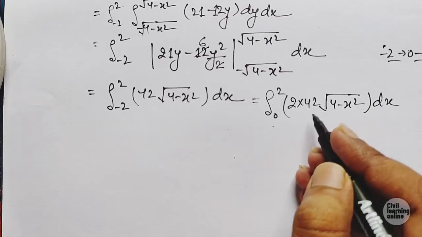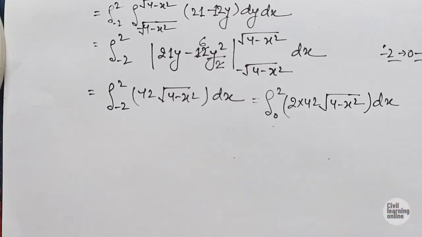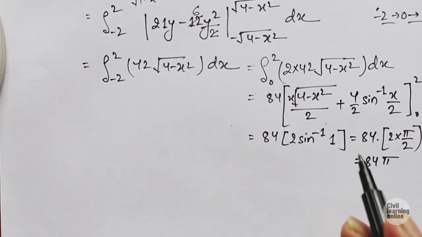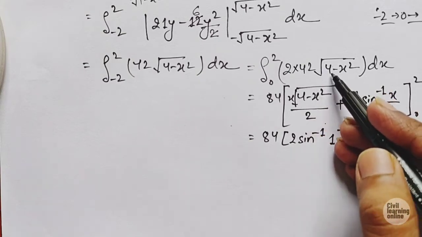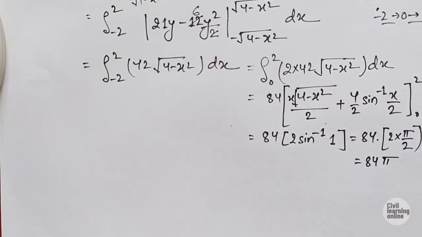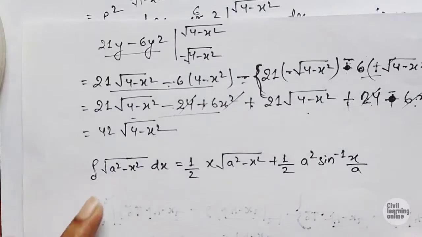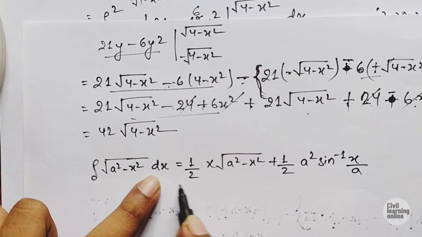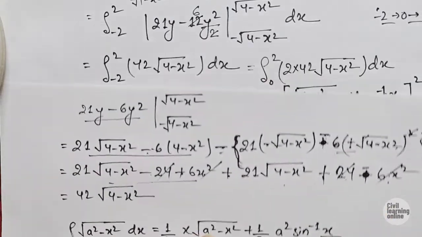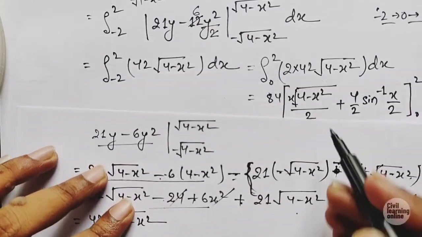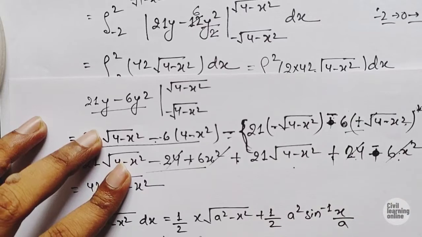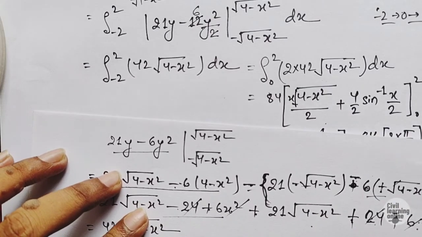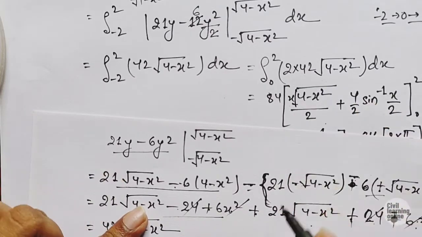So now integrating this with respect to x, we need to integrate root under a square minus x square, root under 4 minus x square. It is in the form of integration of root of a square minus x square, and we have a formula for it. I have retained the integration in this form: 1 by 2 times x root under a square minus x square.